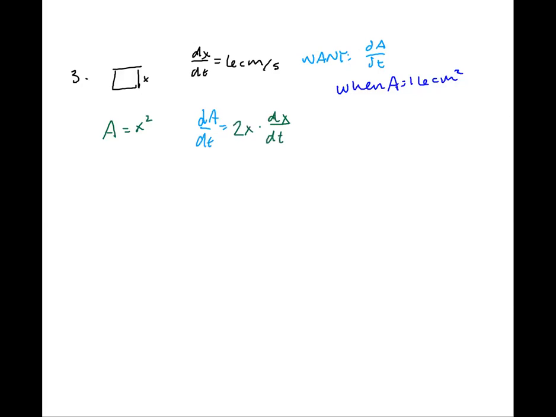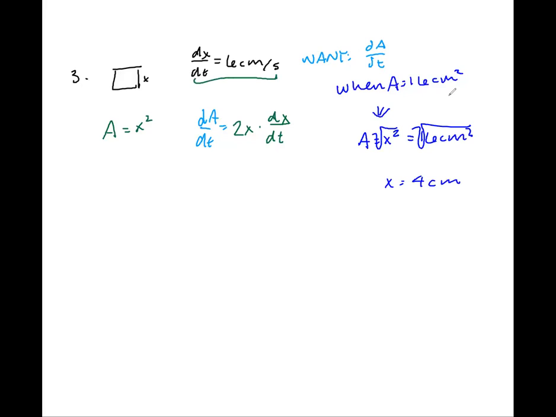So now we need to solve. We have dx/dt, we were given that, but we don't have x right away. What we're going to have to do is infer what x is. So if A is equal to x squared and A is also equal to 16 centimeters squared, then we can take the square root of both and we get x is equal to 4 centimeters.